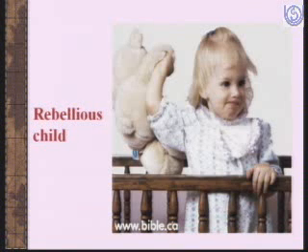Small children, we ask them to do something, and if they don't like it, they immediately rebel. So let us just see that particular slide. The rebellious child. You see the child which is rebelling against you. The child who is not complying with your do's and don'ts.